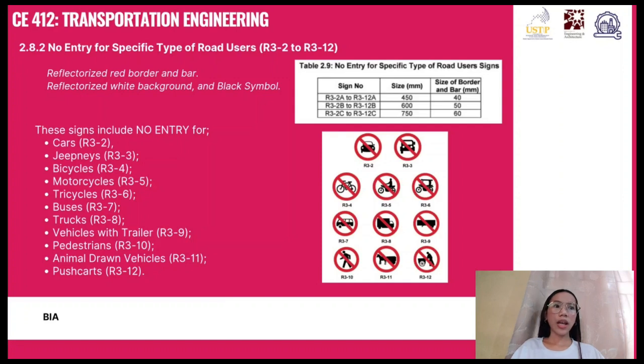So kani siya is sign nga naga-show nga dili allowed to enter ang mga ginabawal diri sa sign. Sa each sign ana is na diri ang dili mo sulod, ang dili mo entry, ang cars, jeepneys, vehicles, motorcycles, tricycles, buses, trucks, vehicles with trailers, and etc. So as you can see in that picture.